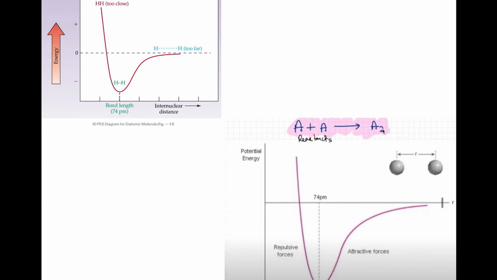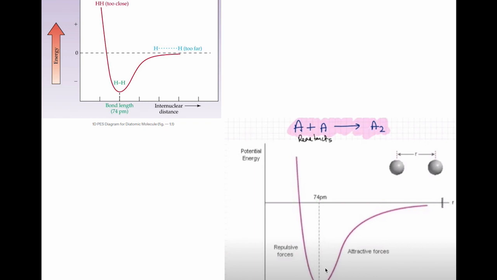Consider a diatomic molecule like A2, where A plus A are reactants that together form the A2 molecule. Here, 74 picometer is the stable bond length, and the molecule is stable in that state.